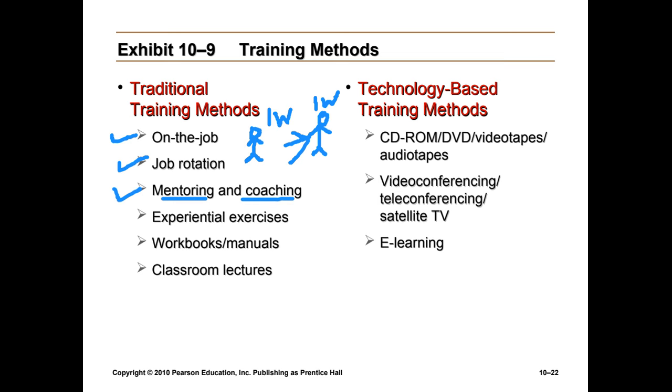while conducting the job. Experiential exercises are the ones in which you engage the employees to experiment, and they go through the things and learn, and when they do it a couple of times, they become experienced, and they can replicate those kinds of exercises by themselves.